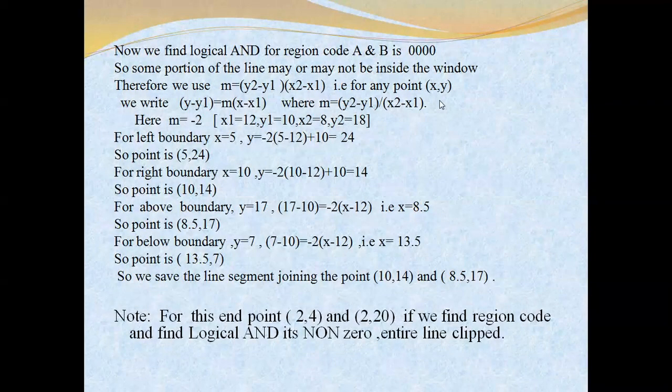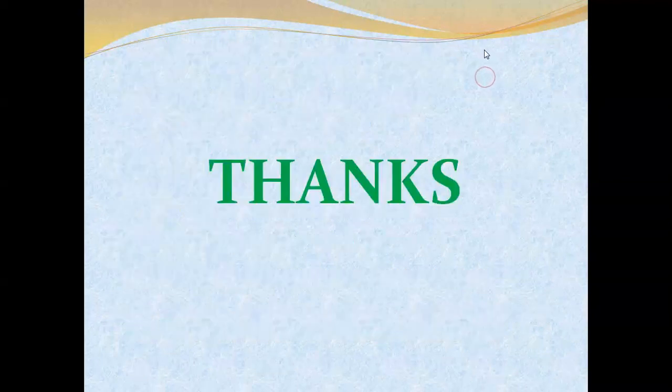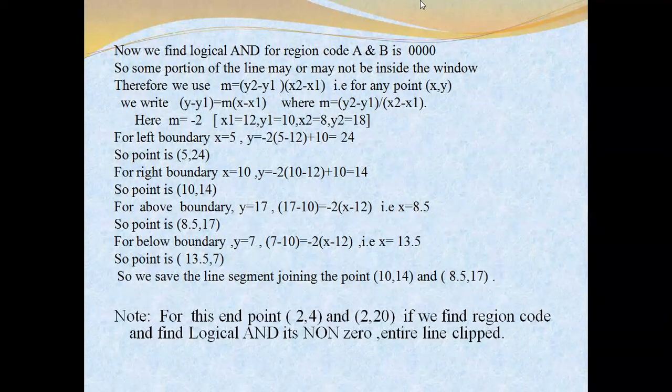Now first we calculate the m. Here m is minus 2, since x1 is 12, y1 is 10, x2 is 8, y2 is 18. So y2 minus y1 by x2 minus x1 gives the result minus 2. Now calculate the intersection for the left boundary, that is x equals 5.